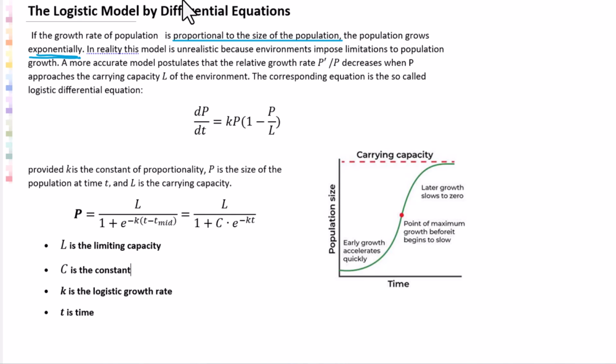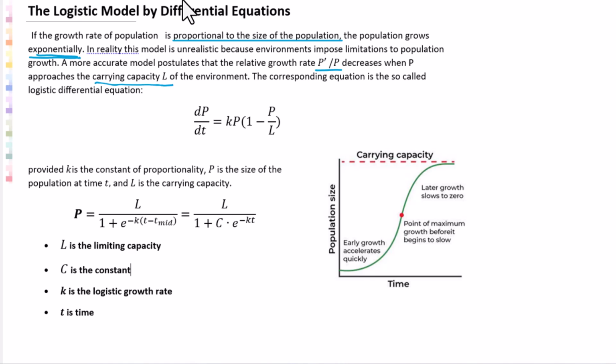postulates that the relative growth rate P prime over P decreases when P approaches the carrying capacity L of the environment.